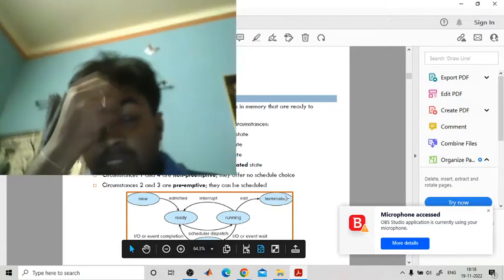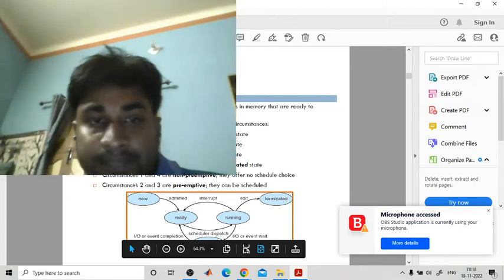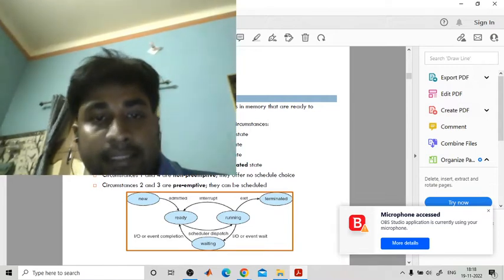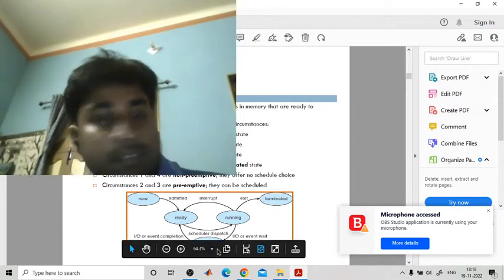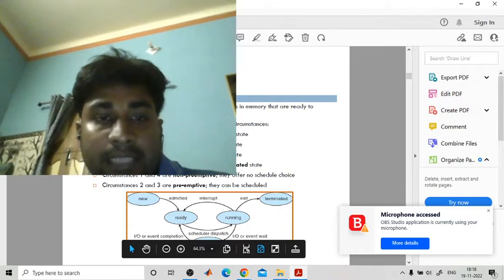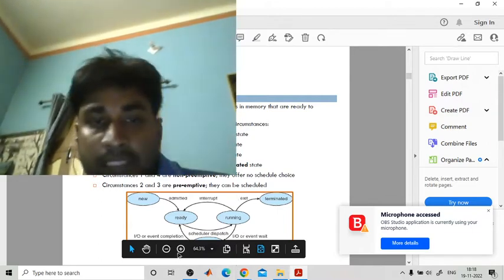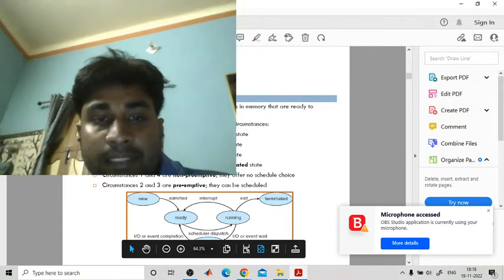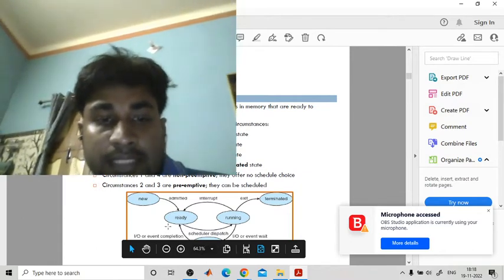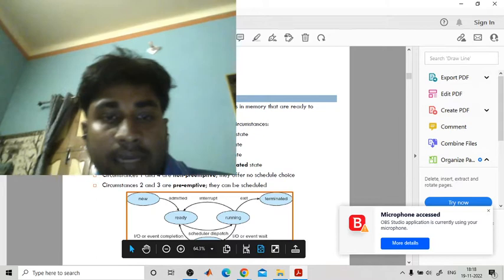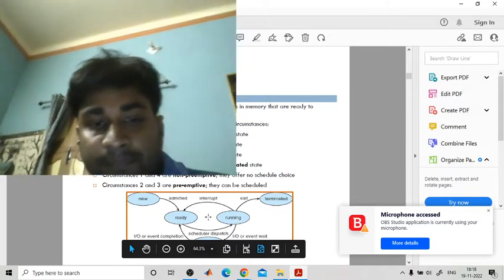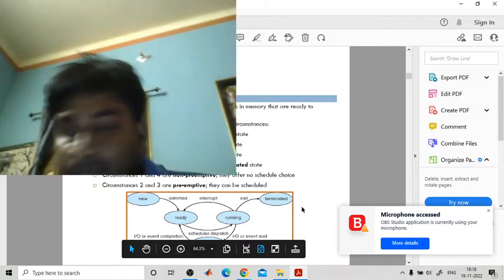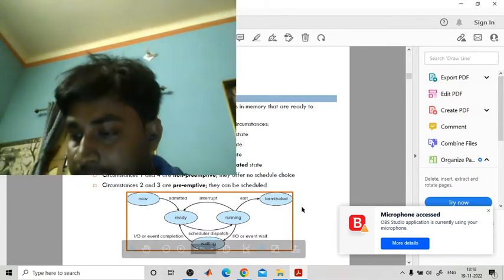So running to waiting is possible, running to ready is possible, waiting to ready is possible, and running to terminated is possible. Basically from ready to running, then running to ready, running to waiting, waiting to ready, and then running to terminated. In this way the processes will be executed one by one.